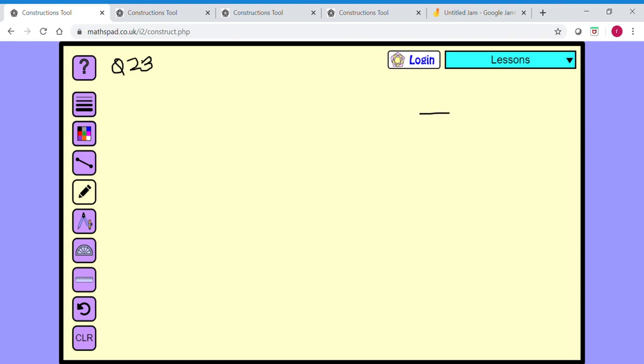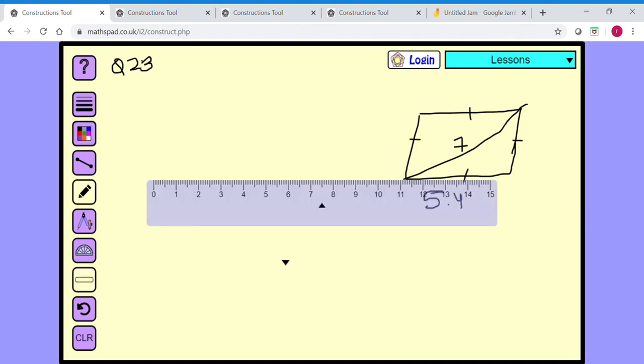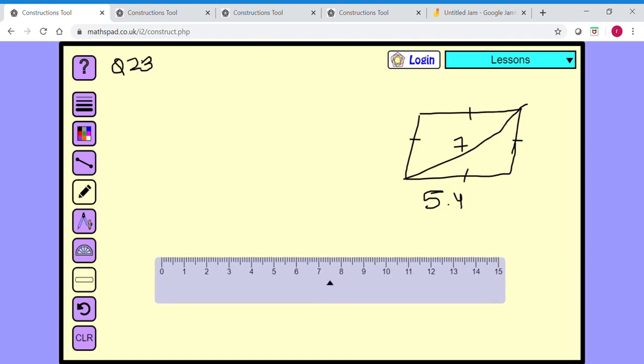So this is my rough diagram. Each side is 5.4 and this is 7. Perfect. So let me draw one side of 5.4.